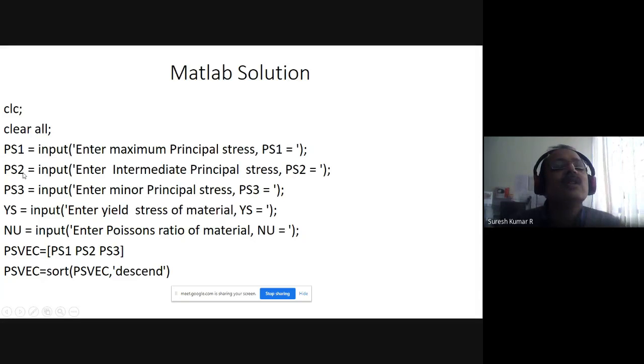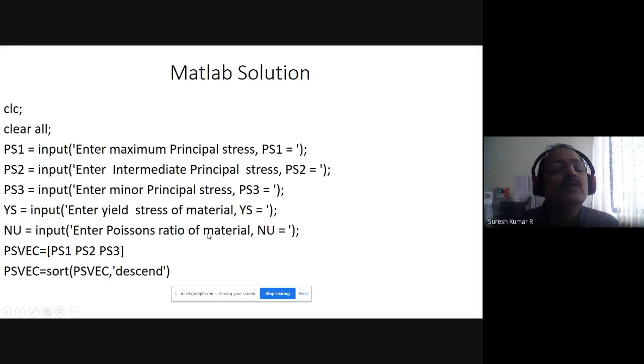Then the yield point stress 100, that also I should input, and Poisson's ratio, which I take as 0.3, also be inputted.